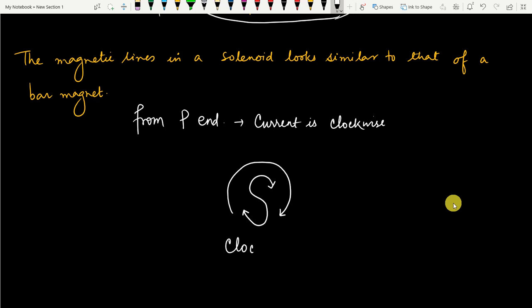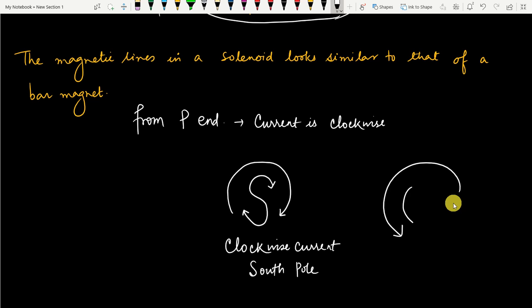Clockwise current means this is the south pole. But if it is anti-clockwise current, this would always create a north pole. So this would be anti-clockwise current, and anti-clockwise current leads to the formation of a north pole.